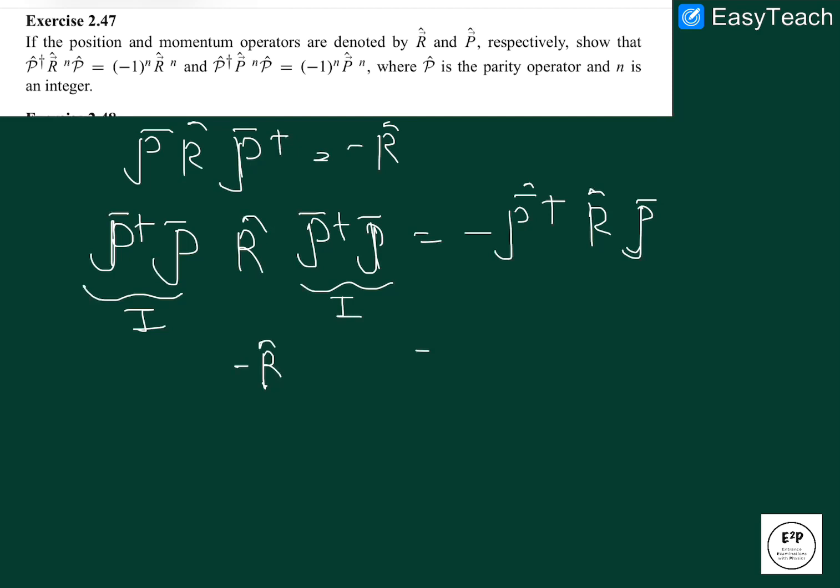We move this minus sign to the left-hand side into P dagger r P.